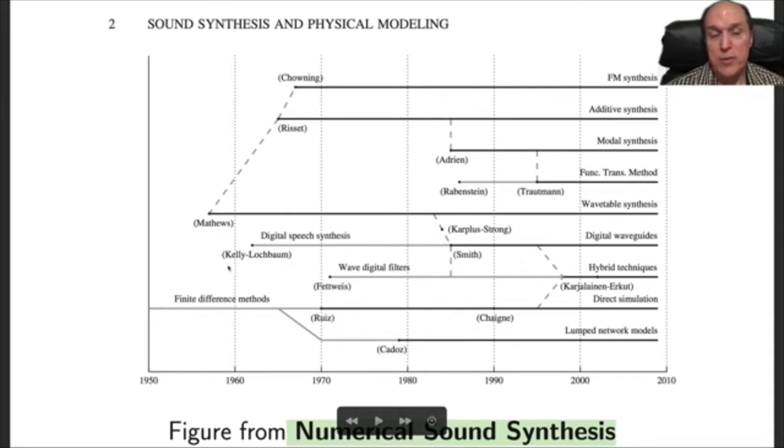And Max Mathews, the father of computer music, did the musical accompaniment in the very first demo that we know of by the Kelly and Lochbaum method, and I have that on my website. I have it in other talks, and you can find it and play it and hear it. And they were working towards speech synthesis. So this was work at Bell Labs, and Max Mathews was director there. And they did an amazing demo of speech in the 1961 timeframe.